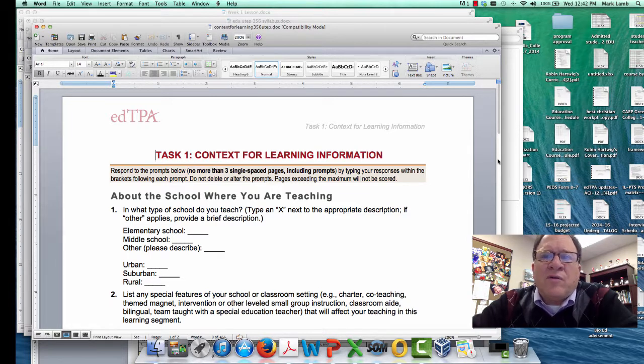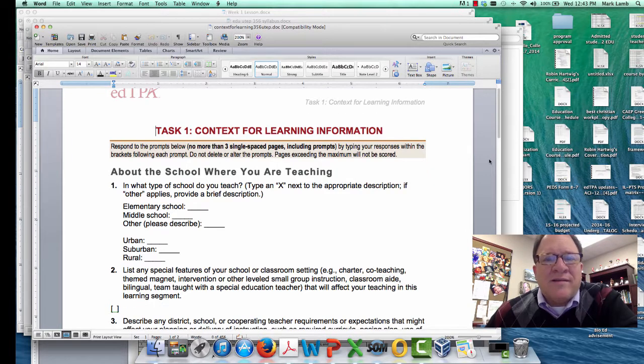As I mentioned before, we are doing everything we can to introduce these things to you during the coursework so that when you get into your student teaching placement and have to do these materials, you won't be seeing them for the first time, and it'll be quite normal for you to be filling them out because you've been doing it all along.